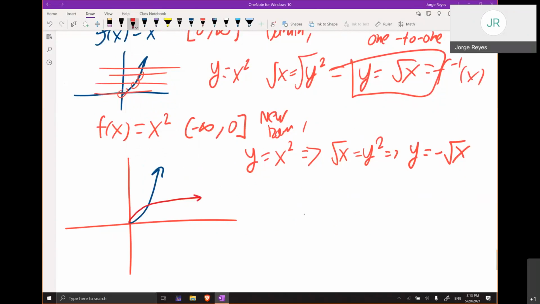And so if I draw this purple line, which is actually a red line, excuse me, we can see that they are symmetric across this red line, right?